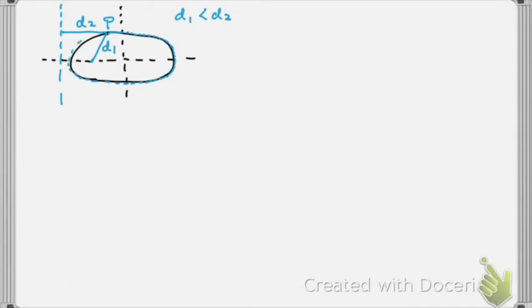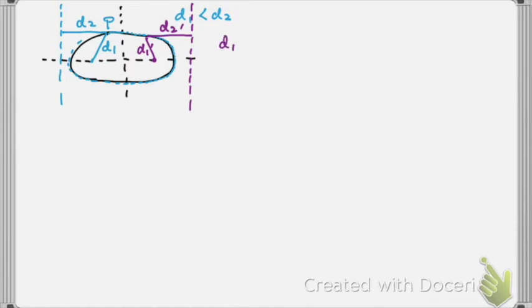Well, if it's symmetric, wouldn't it make sense that there is another focal point over here and another directrix line, such that the distance, let's call that D1 prime, and this D2 prime, would have the same ratio and the same relationship?